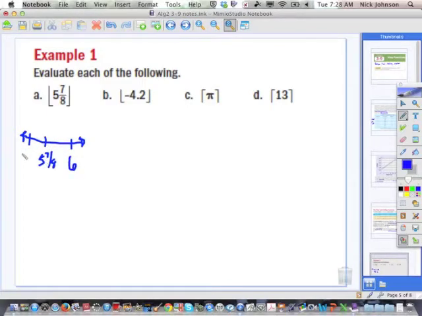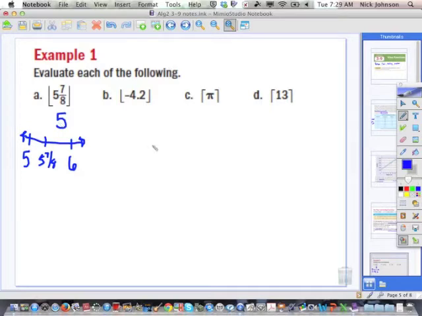The integer to the left is 5. Because our answer is going to be an integer, we just have to decide if we go to the left or to the right. Since the tabs are on the bottom, we want the integer that is to the left, which is 5.